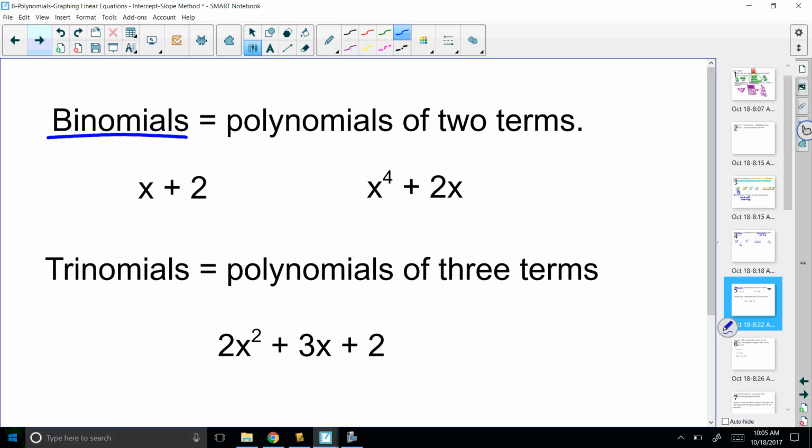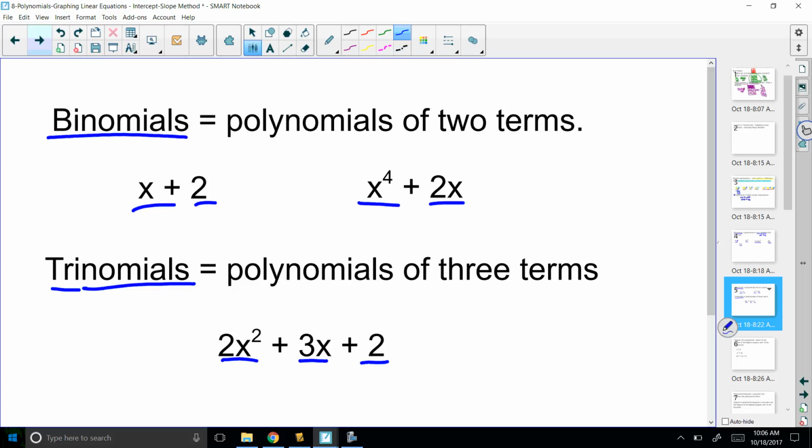Binomial. 2 terms. 1, 2. If you get 3 terms, such as that very first example I gave you, I think we had 3 terms, you get into something called a trinomial because you have 1, 2, 3 terms. But each one of those terms will have a real number coefficient and a whole number exponent of your variable.